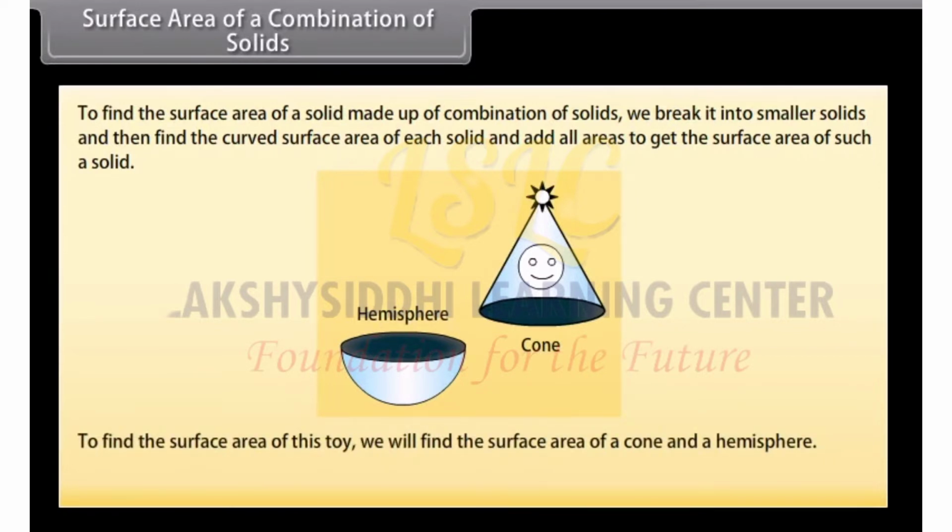To find the surface area of this toy, we will find the surface area of a cone and a hemisphere. Or we can say that the total surface area of a toy will be equal to the curved surface area of hemisphere plus curved surface area of the cone. Let's solve some examples to find the surface area of combination of solids.